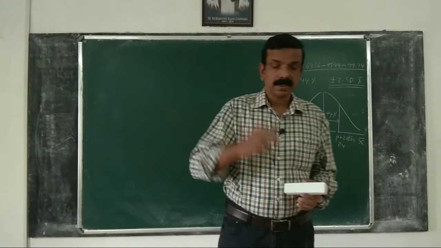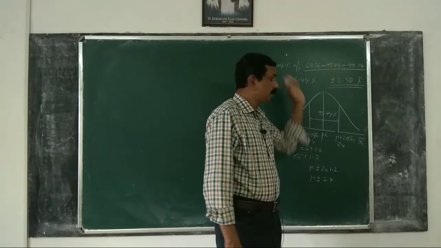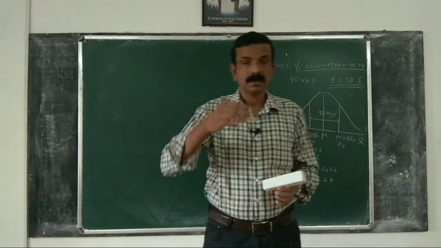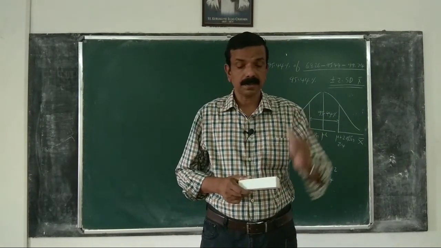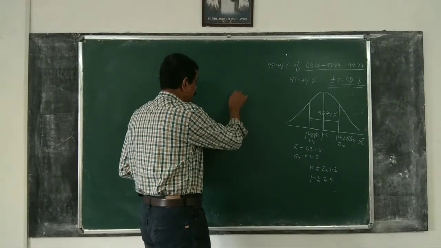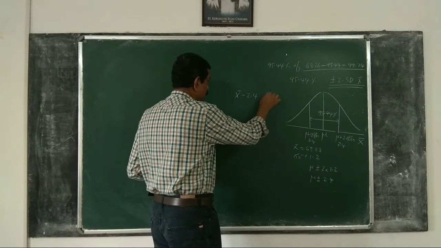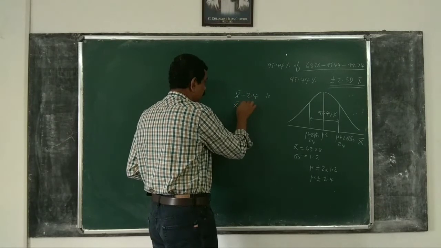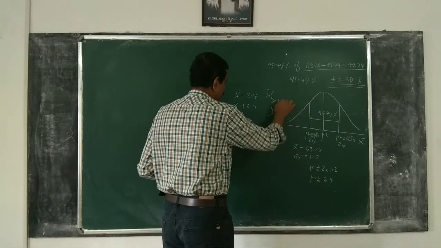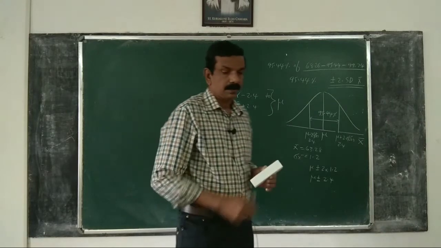We can also say that 95.44% of all samples have the property that the interval X bar minus 2.4 to X bar plus 2.4 contain mu.